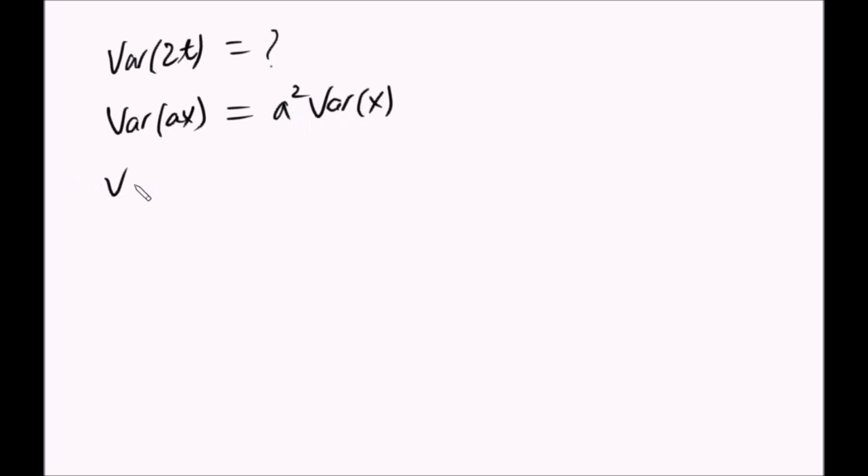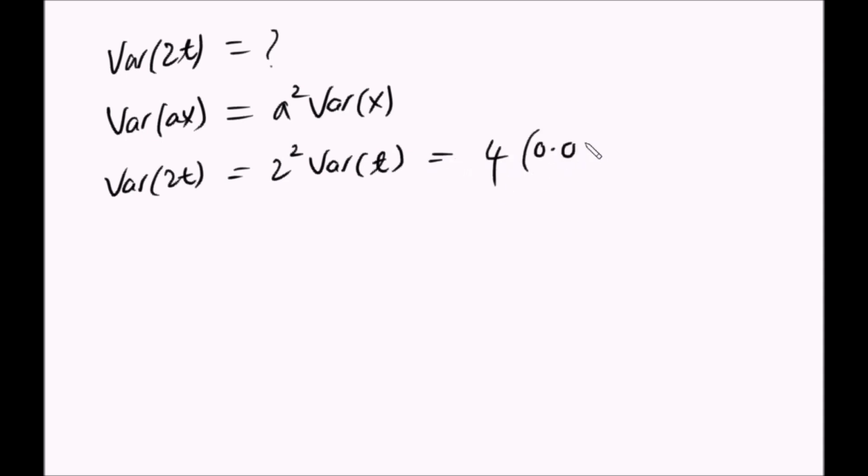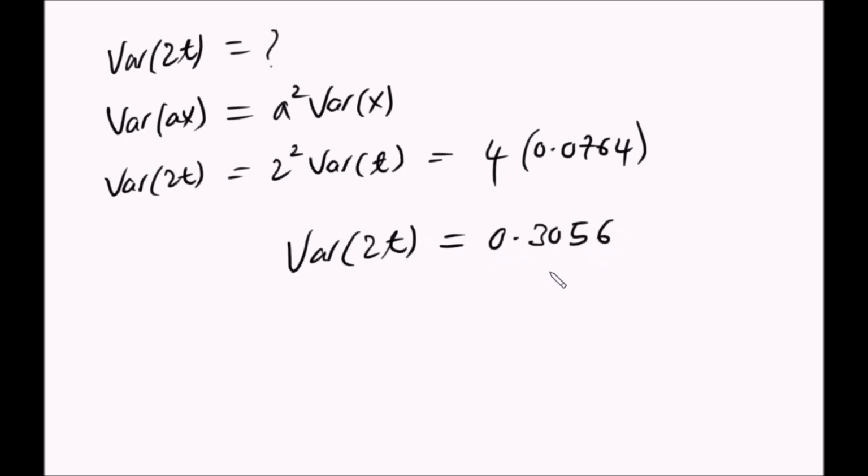So let's do part B now, variance of 2t. So part B, I want the variance of what? 2t. We know that variance of ax, from those properties, is a squared variance of x. So variance of 2t will be 2 squared variance of t. 2 squared is 4, and variance of t we found is 0.0764. So you can see that variance of 2t will be 0.3056.